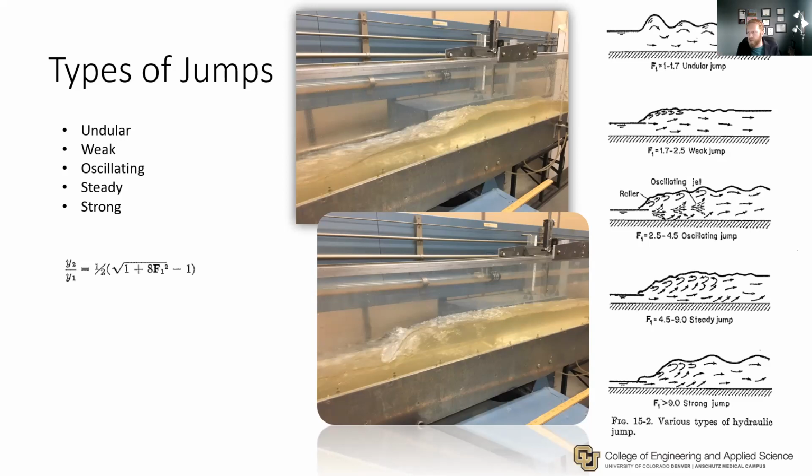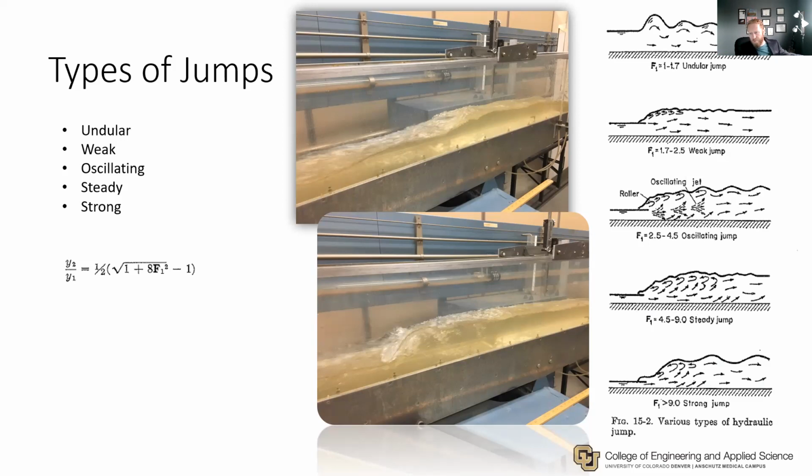So the steady jump is typically what we look for in design. And then a strong jump, a Froude number higher than 9, we're still sure we're going to get a full hydraulic jump, but it's characterized by very choppy and intermittent waves. That's hard to determine the length of the jump.